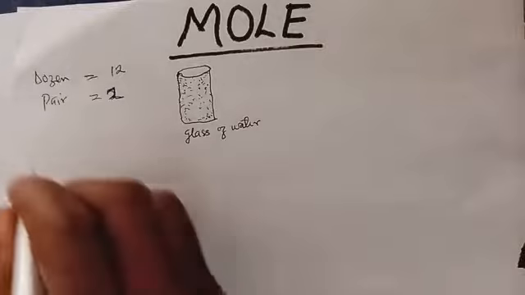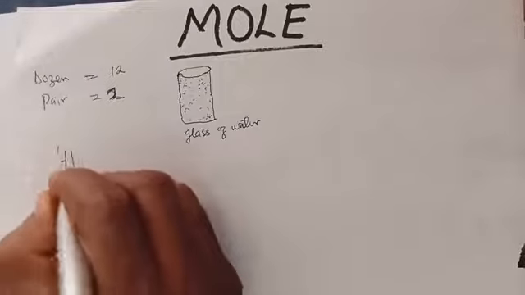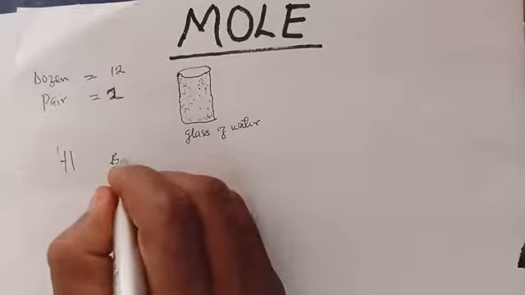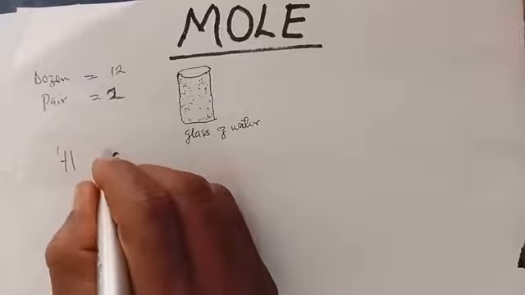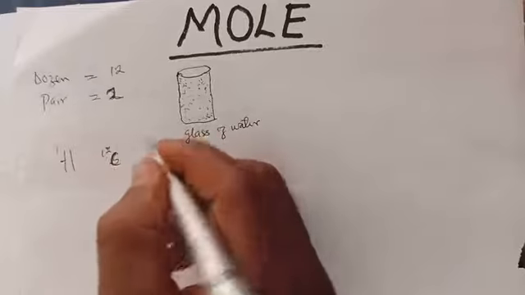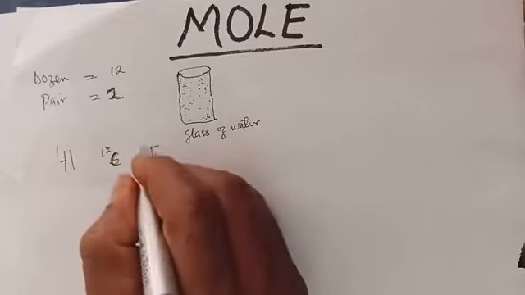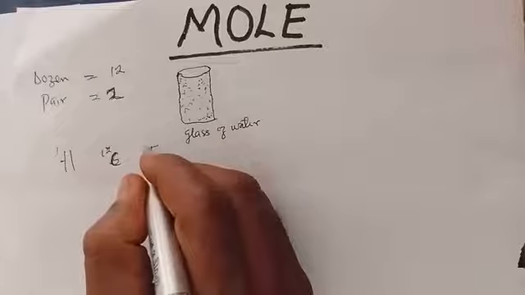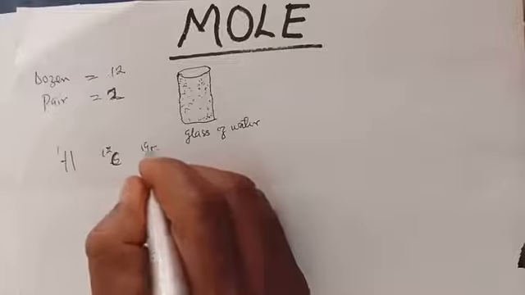For example, the mass of hydrogen is 1, while the mass of carbon is 12, the mass of fluorine is 19.